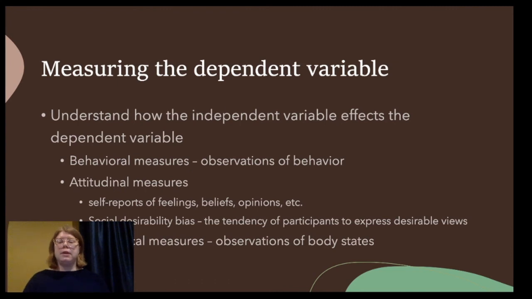We also have a few different ways that we can measure our dependent variable. In order to understand how the independent variable affects the dependent variable, we have to make effective and careful measurements of the dependent variable. So we can use a few different kinds of measures. We can use behavioral measures, observations of overt behavior. This can be really useful because overt behaviors are more difficult to fake.